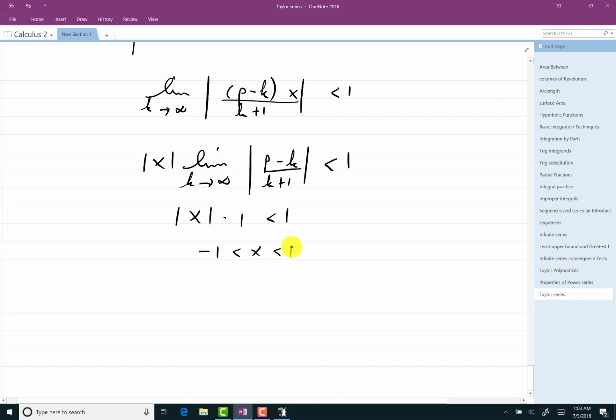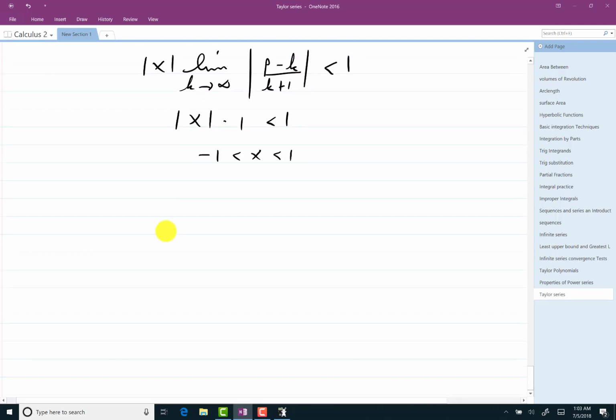Now, I don't know how much of this I want to write, but there are complications with the endpoints. For example, if p is a natural number, then the interval of convergence is negative infinity to infinity.